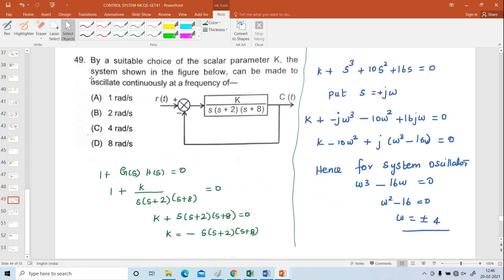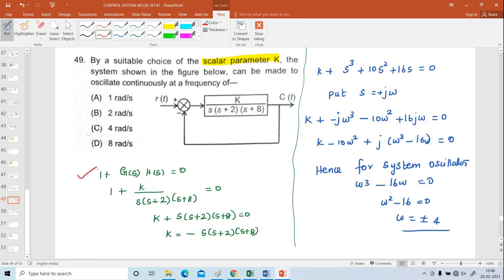Next problem. By a suitable choice of scalar parameter k, the system shown in the figure below can be made to oscillate continuously at the frequency of 1 radian per second, 2 radians per second, 4 radians per second, or 8 radians per second.